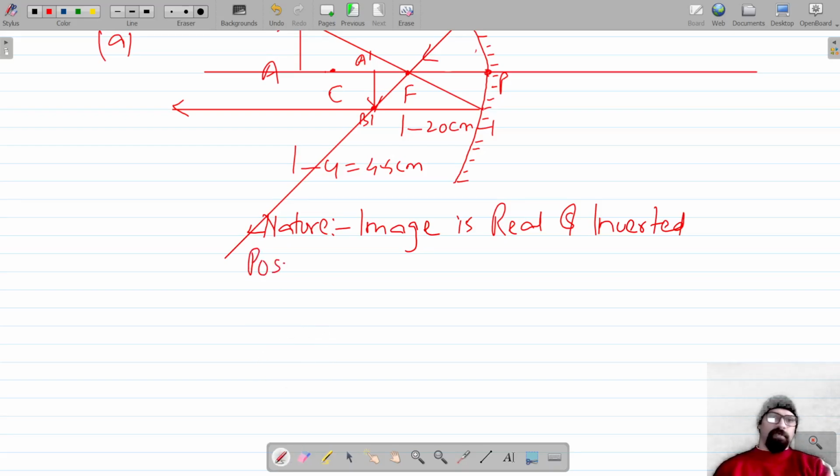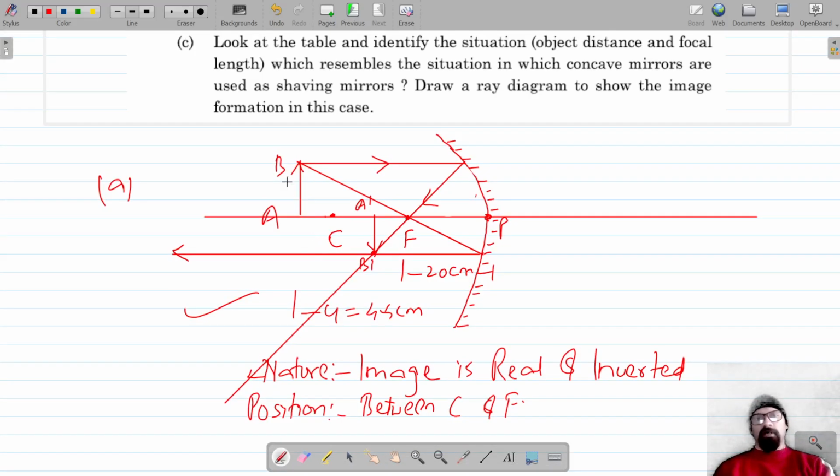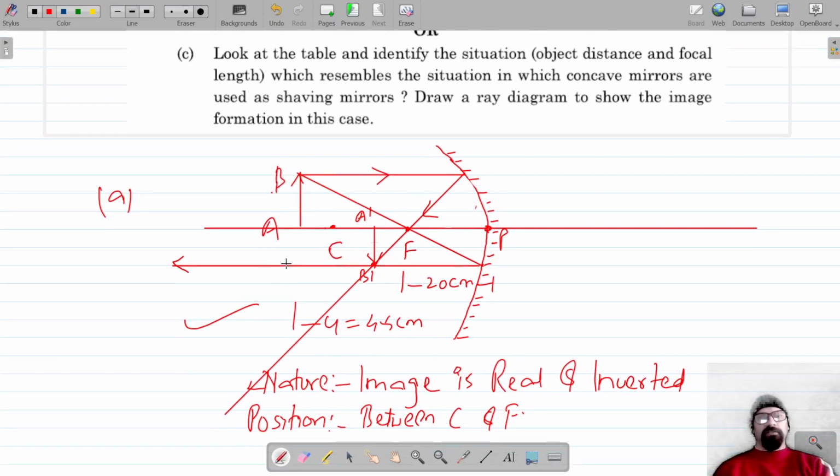The position of the image is between C and F. So you can take the help of this diagram. It's not necessary to draw the diagram. You just have to remember how exactly it looks and just give the nature, the two properties.